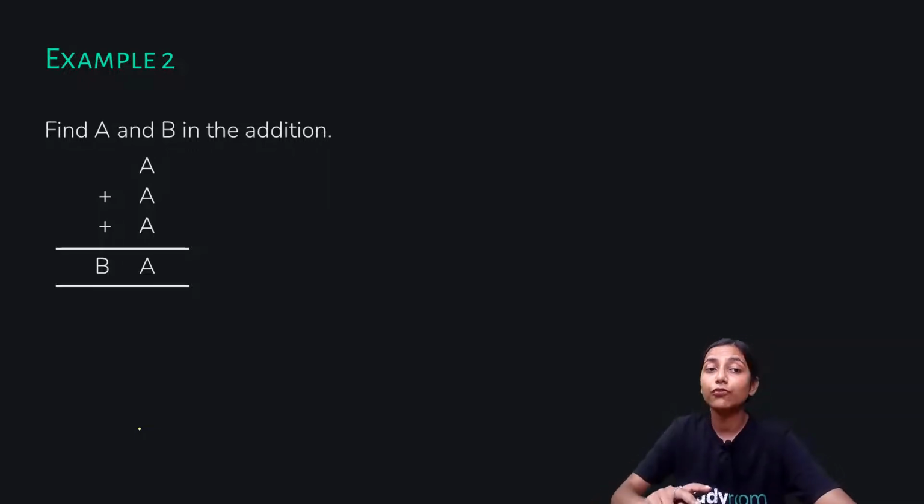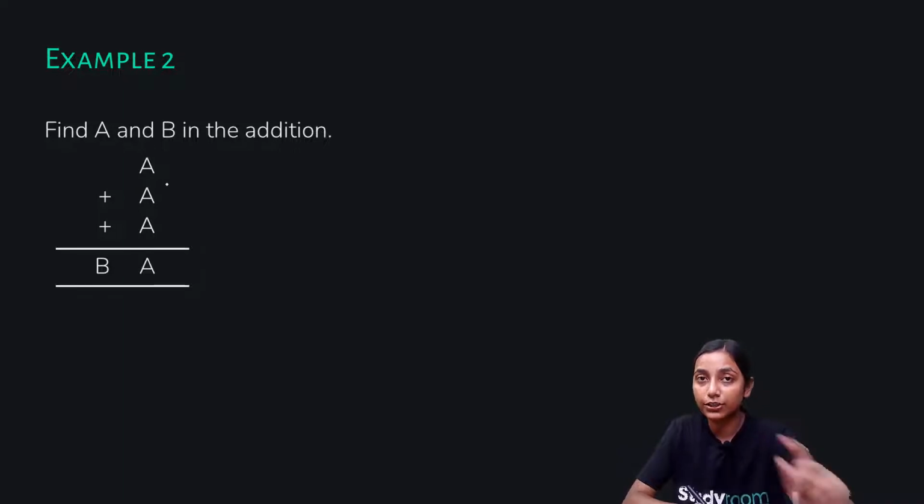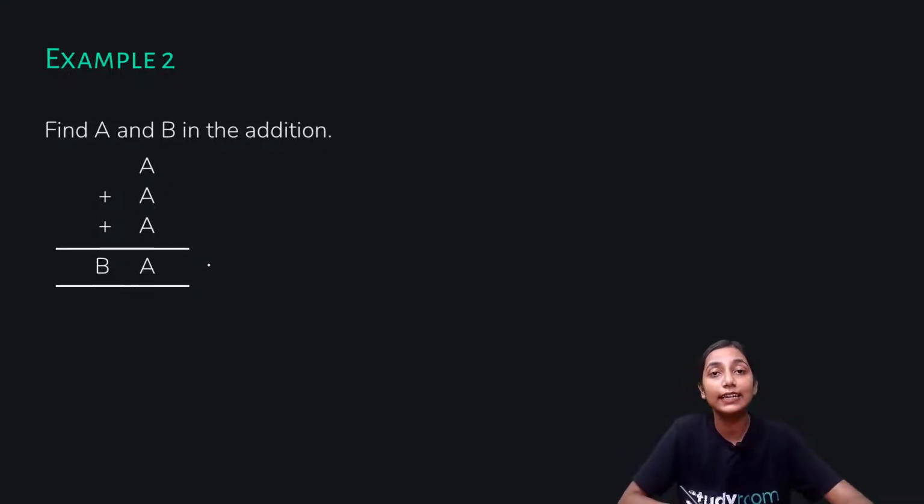Now we have to find the values of A as well as B. We're given A plus A plus A equals BA. Just think of a digit that, when added to itself 3 times, gives the same digit at its unit place.